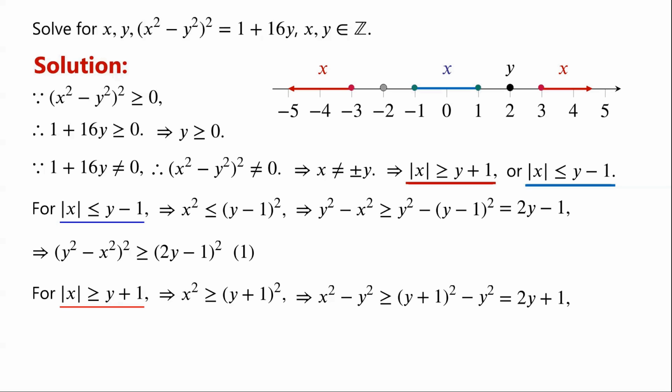As both x squared minus y squared and 2y plus 1 are greater than 0, squaring both sides, we have x squared minus y squared all squared is greater than or equal to 2y plus 1 all squared. Call this inequality 2.